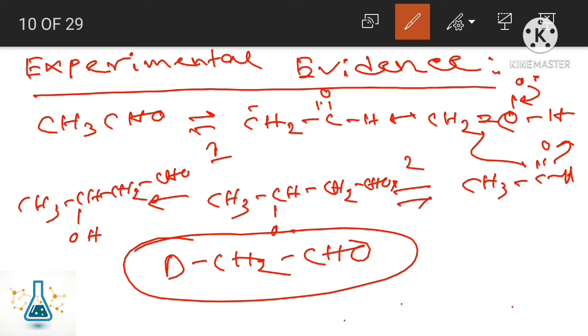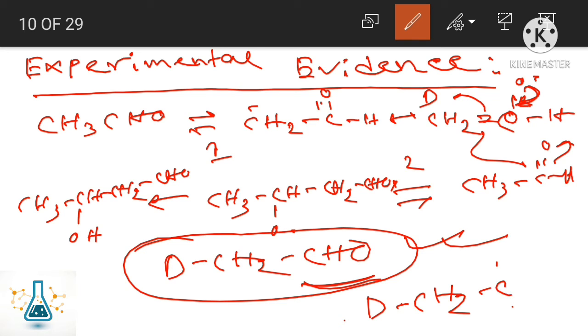So in D2O medium, the enolization will be there, and it will get this D also, but we cannot get this type of product. But in presence of ketone, we will get D CH2 CO CH3. This indicates that step 2 is faster than reversal of step 1 in case of aldehyde and slower in case of ketone. Okay, so this is the experimental evidence.